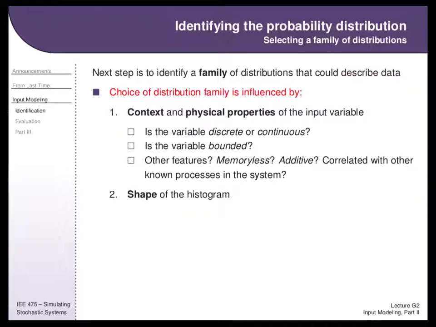So it's bounded on one side, but not the other. Are there other features? Do you have an insight that it's memoryless? If it is an inter-arrival time distribution, and you don't think that one arrival gives you any information about the next arrival, those are independent inter-arrivals, and that gives you an idea that maybe it's an exponential. Maybe I'm looking at a memoryless process.